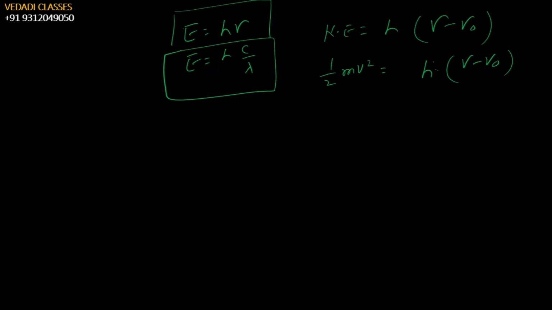Now we'll move towards the next one, the dual nature of matter. So what about the dual nature of matter? As you studied Bohr's atomic model, they have not explained the dual nature of matter.